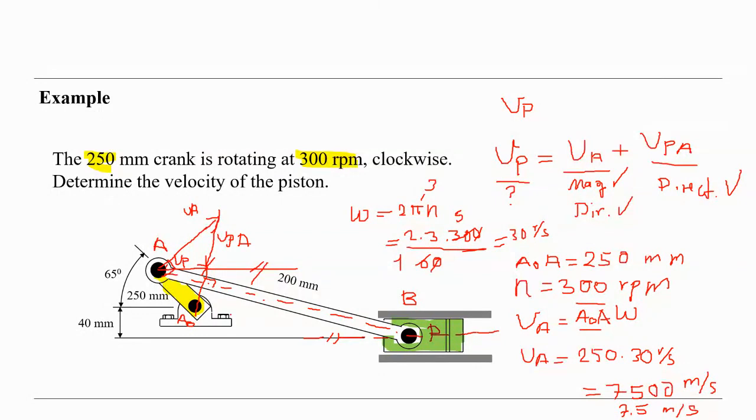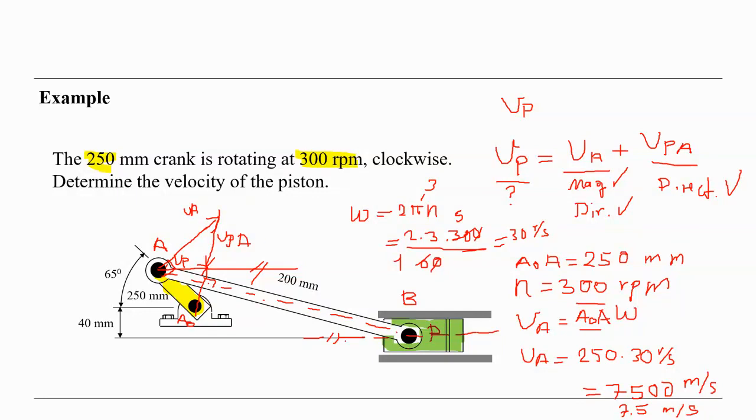Using a scale, because we know the VA, let's assume that VA is maybe 50 millimeter. We take 50 millimeter for the VA. We know the magnitude of the VA, 50 millimeter, and using this scale we can calculate also VP and VPA.